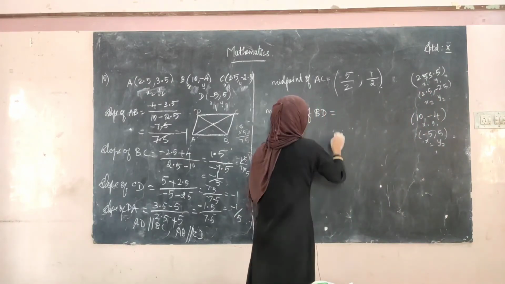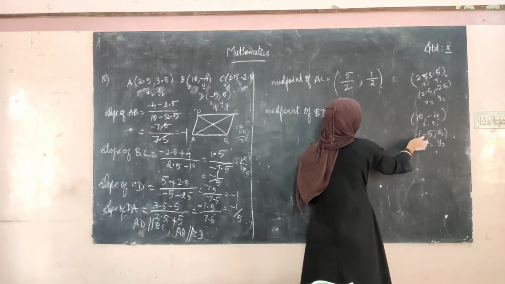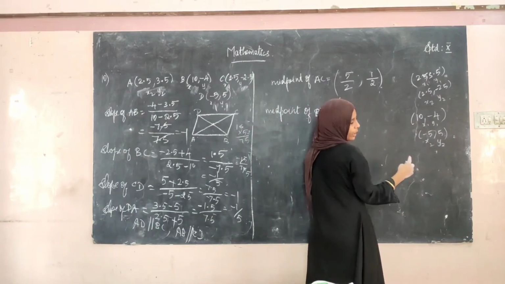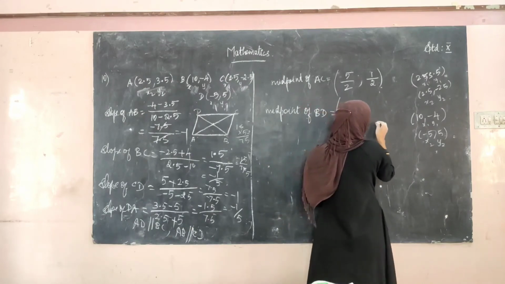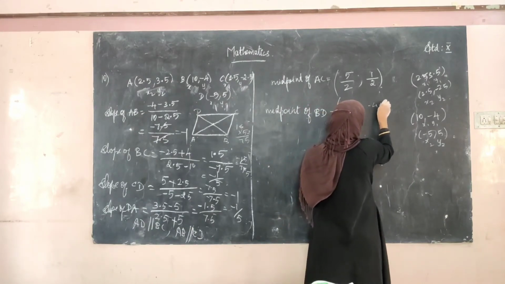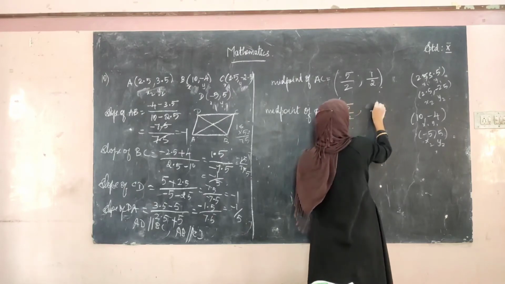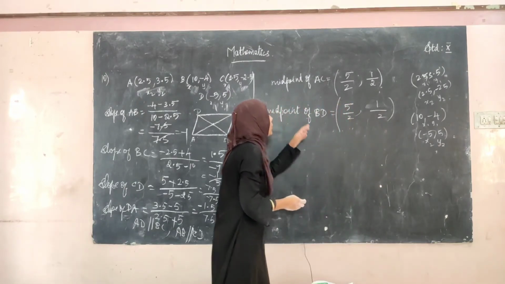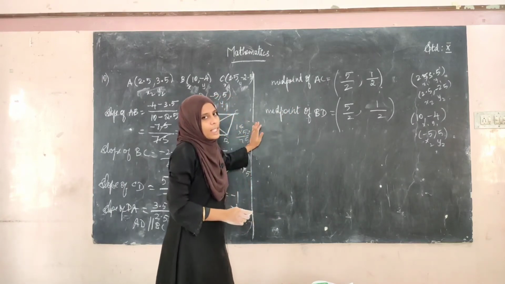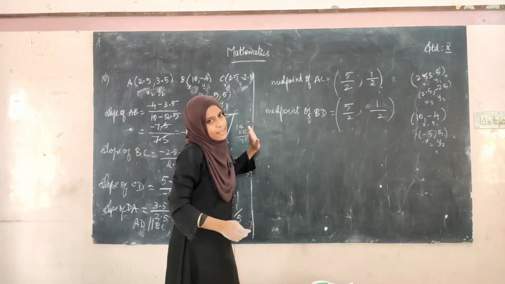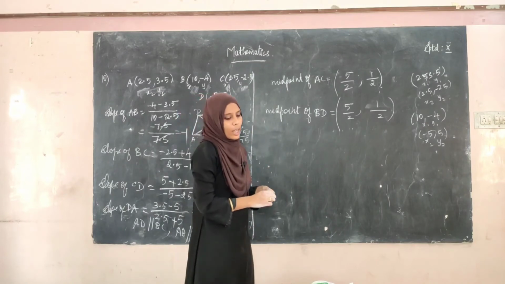So the formula is x1 plus x2. x1 is 10, plus of minus becomes minus, so 10 minus 5 is 5 divided by 2 comma y1 plus y2, minus 4 plus 5 divided by 2. So 5 minus 4 is 1. See here, midpoint of AC is equal to midpoint of BD. Therefore, we can say that the points A, B, C, D form a parallelogram.